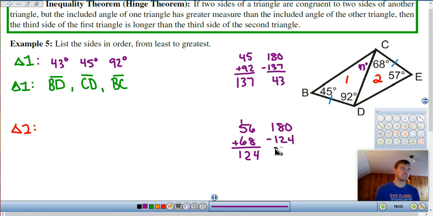It looks like we're getting 56. So my three angles for triangle 2 in order from smallest angle to largest angle: 56, 57, and 68.